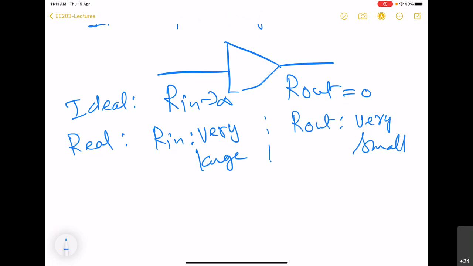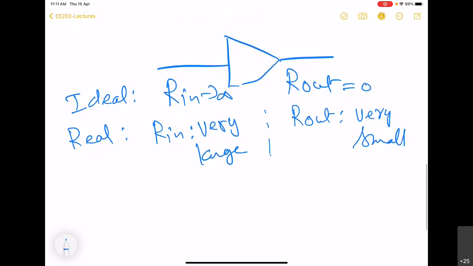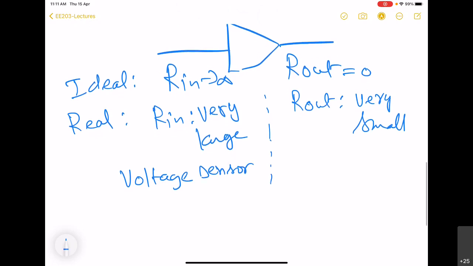And then we put this amplifier into feedback and try to see what will be the overall input resistance and overall output resistance. Since the input resistance is very large, on this side the amplifier is basically a voltage sensor, and on the output side, it will be a voltage source.